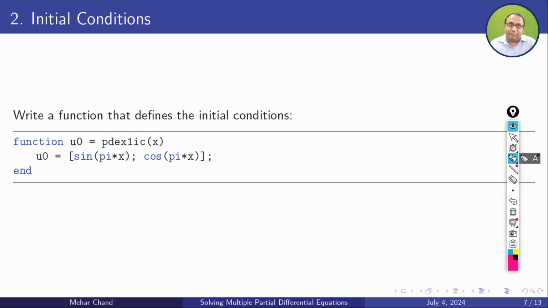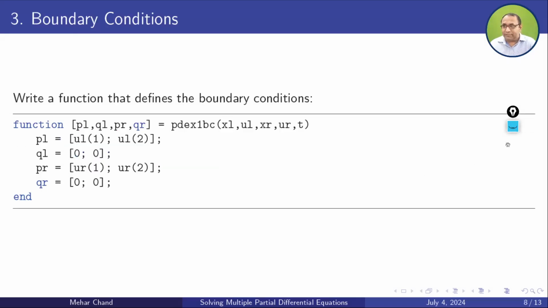Now come to the boundary conditions. Here you can observe that the signature is the same as in the single partial differential equation, and the same index is used, but see very carefully how we use pl, ql, pr, qr.